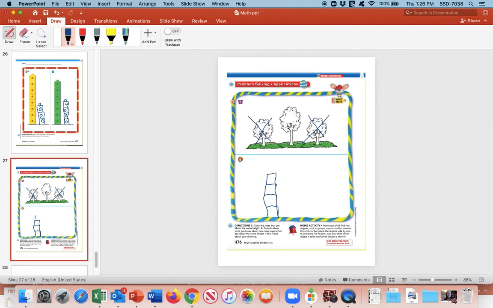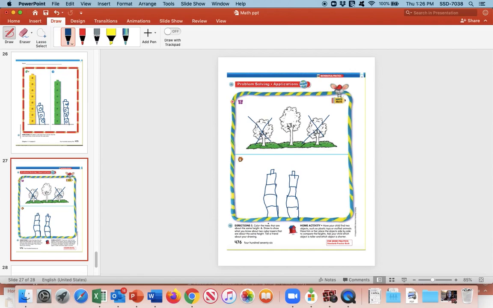All right, there is my first tower of cubes. And now I'm going to do a second one, and I want to make sure that they are the same height. So that means they are not going to be shorter or taller than each other. They're going to be the same, just like this. And then you can color them afterward.